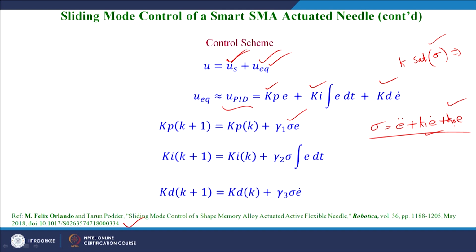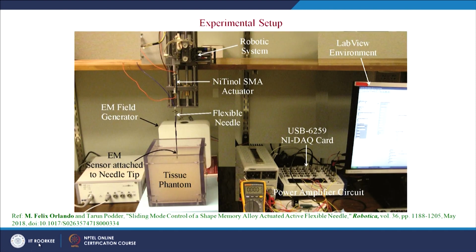Then we have this equation having the learning rates eta 1, eta 2, eta 3 for the respective gains, which are taken between 0 to 1. And now coming to the experimental setup.